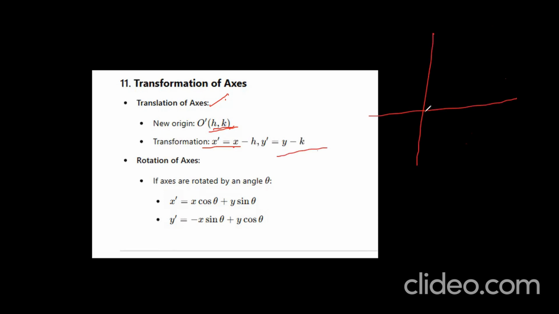That means the origin is going to shift by h units along x and k units along y from the original point x comma y. It is going to shift h comma k units.